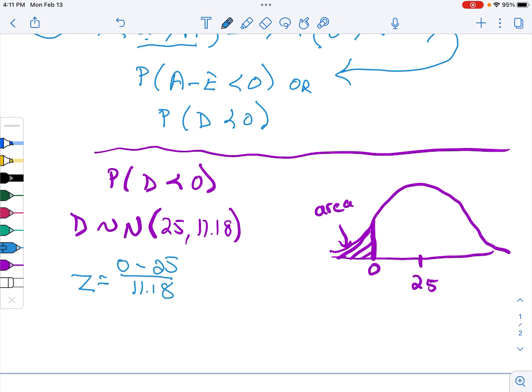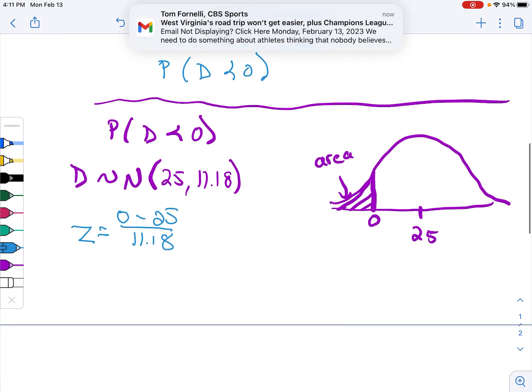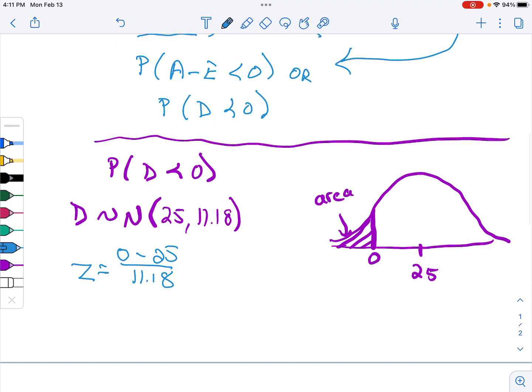Of course now I have to go to my handy dandy calculator, because on my website we didn't used to have to do this. So negative 25 divided by 11.18 gives me a standard deviation of negative 2.24.